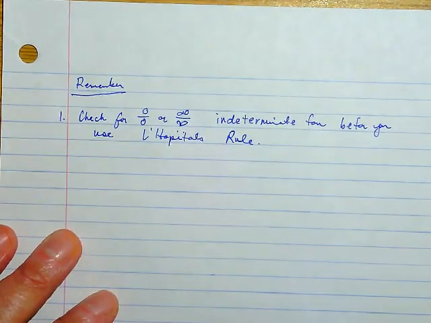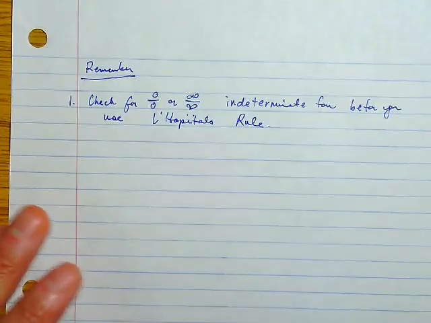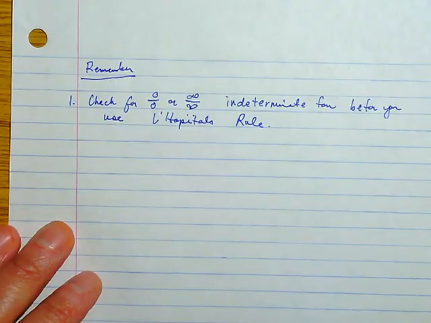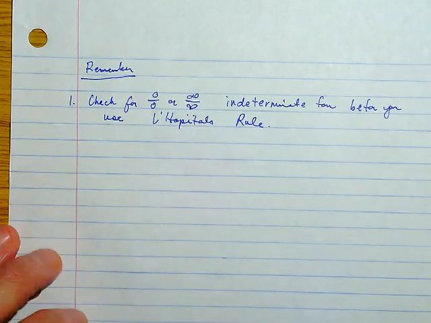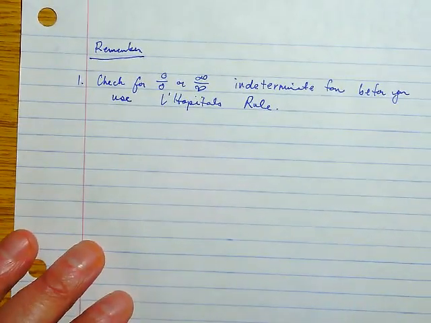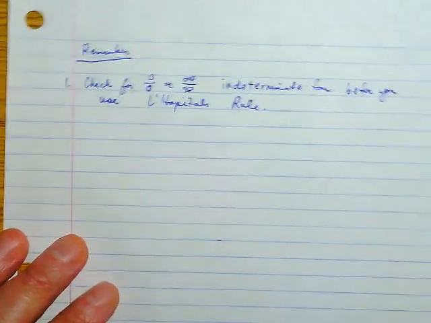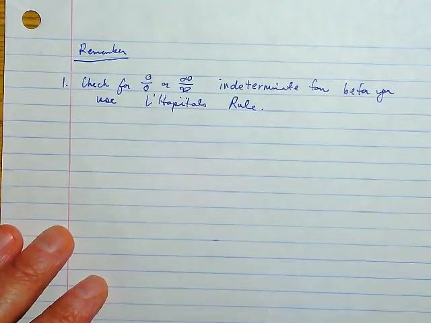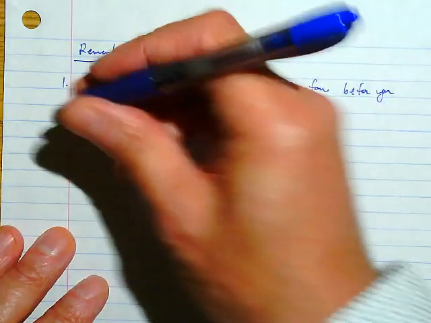It's just like some of the other theorems, like the intermediate value theorem, where you had to check for continuity. So those kinds of conditions need to be met before you can start applying theorems that don't apply if you don't have the conditions. Okay, you need to check those.